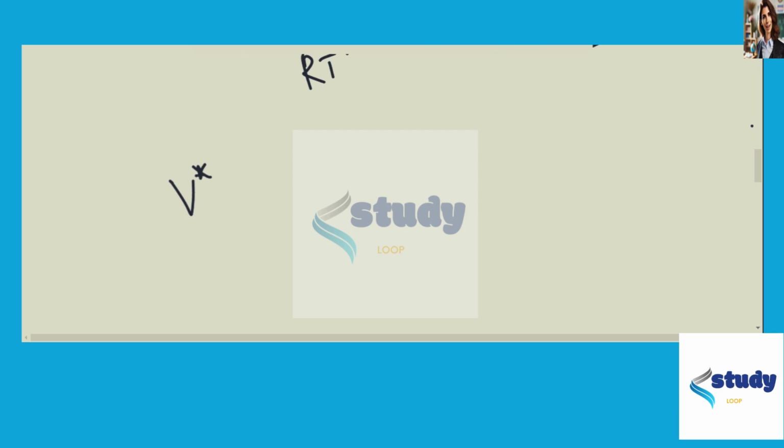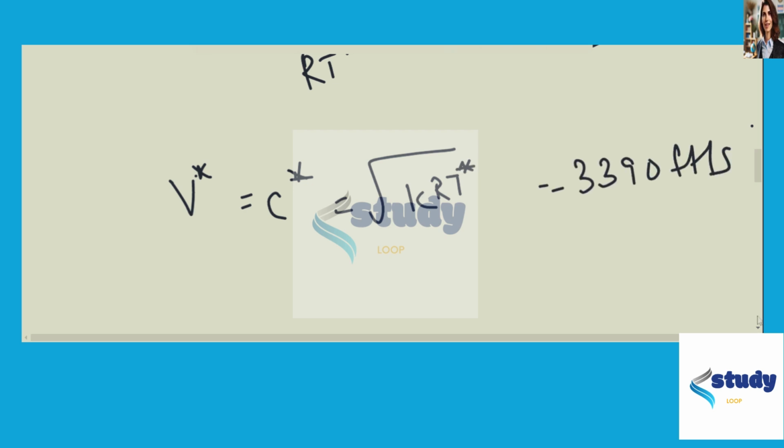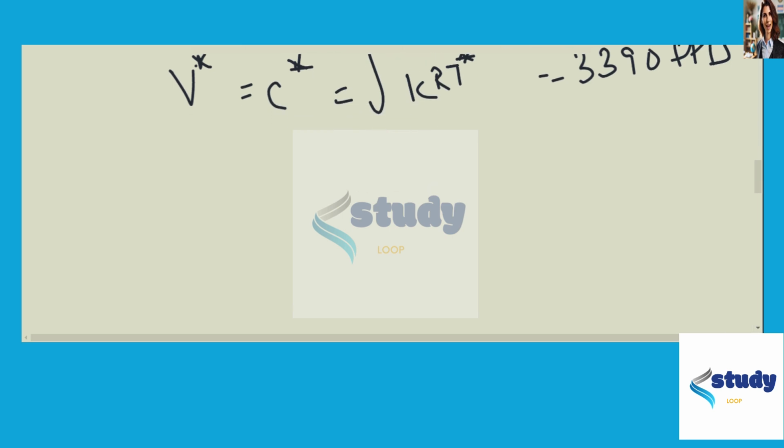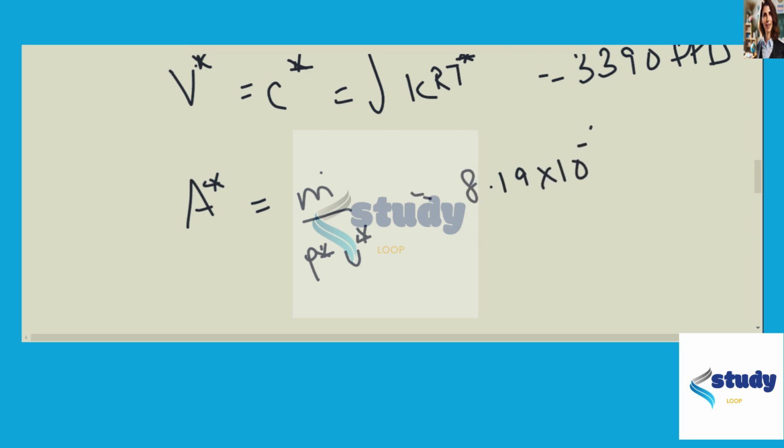V star equal to C star equal to root of K R T star, that is 3390 feet per second, and the critical area, that is A star, equal to m dot upon rho star V star, that is equal to 8.19 into 10 raised to minus 4 feet square.